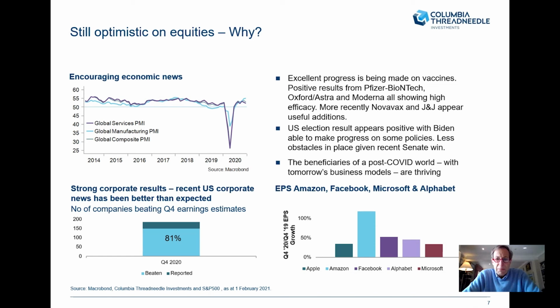This is those companies, their Q4 2020 earnings compared to their Q4 2019, i.e. before COVID. And you can see they have come through 2020 showing very strong growth. And hopefully we've got good representation from these sorts of companies in the Horizon funds.